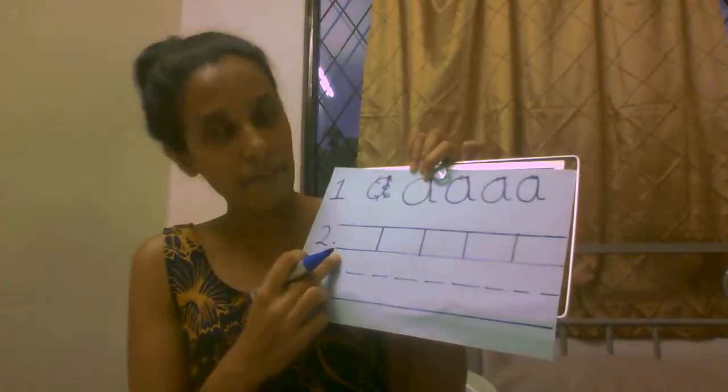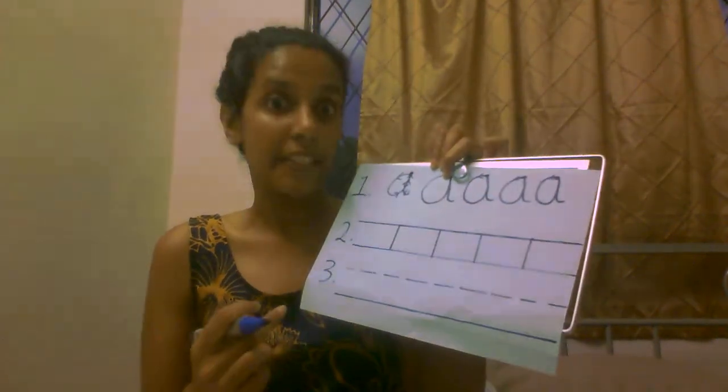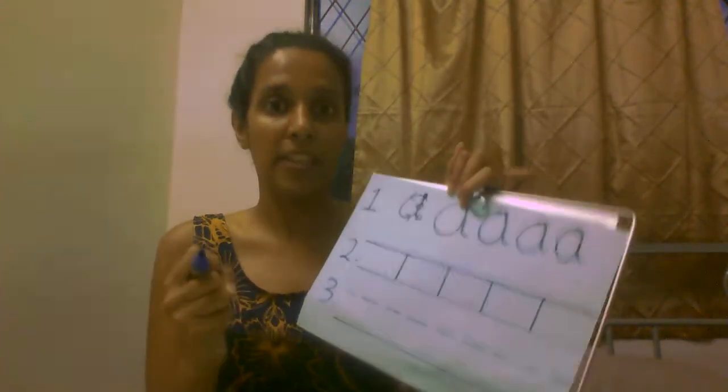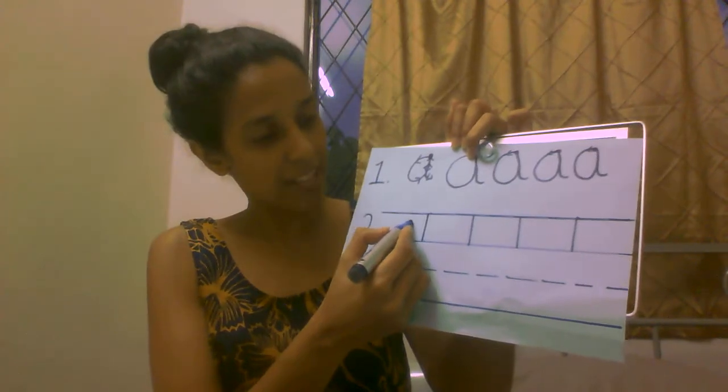And then after that, you're going to give them boxes like this to write inside. So you're confining the space and you're challenging them further. So here they would have to write inside each box like this.